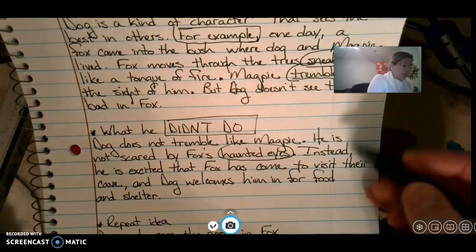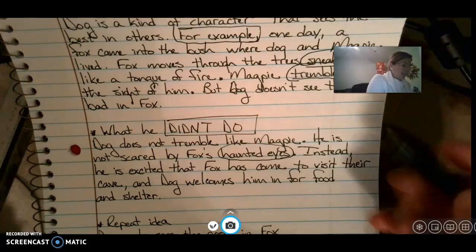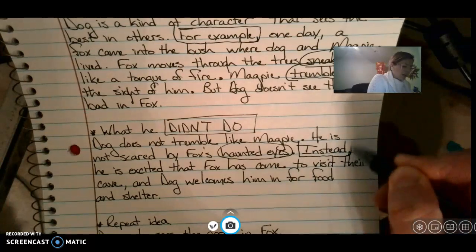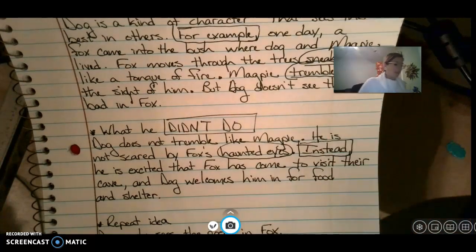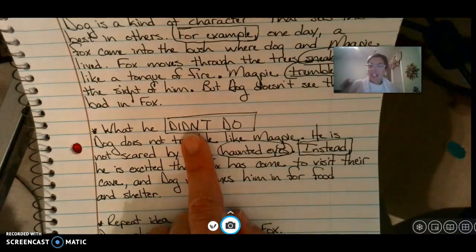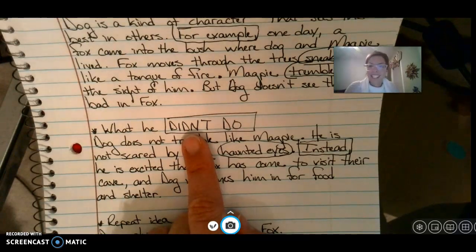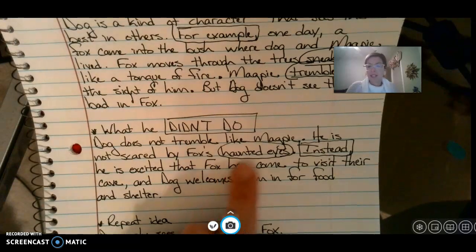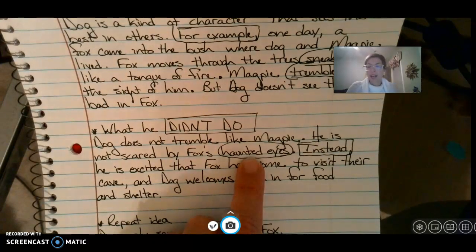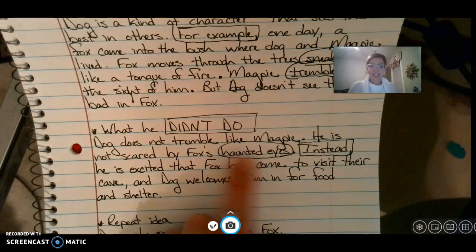So I also picked up another transition here. Instead, I'm going to put a box around that. So I also create a little mini story to tell what Dog didn't do. He doesn't seem scared of Fox, even though he's got haunted eyes. So I used some of those precise words that the author used.